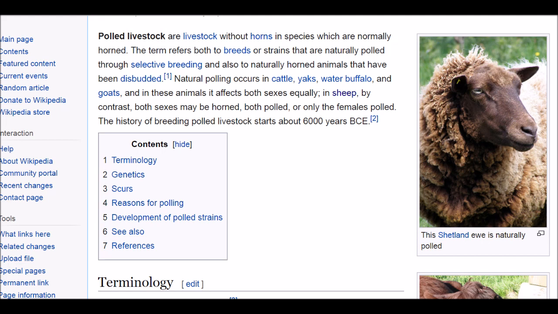And that is that natural pulling, which is the removal of horns through natural causes, happens equally in goats, but not in sheep. And that is the difference between a sheep and a goat.